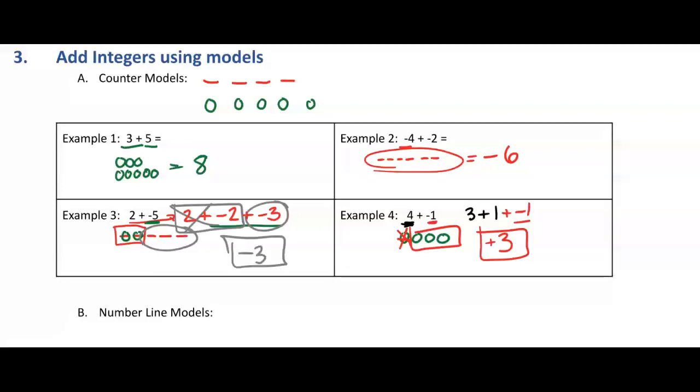And opposites combine, add to equal 0, leaving a 3 behind. So those are a couple different ways to look at adding integers using models. You might decide to list the numbers out separately and then cross them out this way as well, which is fine, which would show me that negative 4 plus positive 5 equals 1 positive.